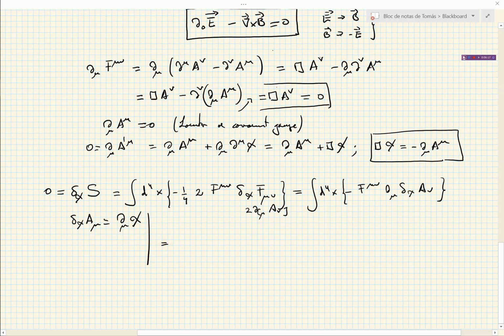Okay, then I integrate by parts, and I get this total derivative, F mu nu delta chi A nu, plus the equation of motion times delta chi A nu, which I now write explicitly.